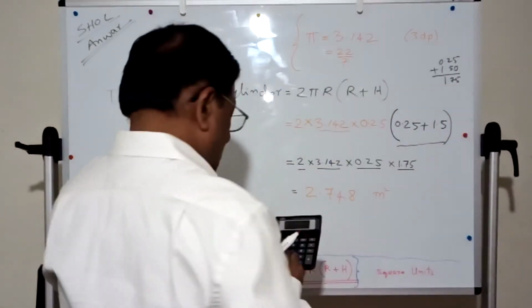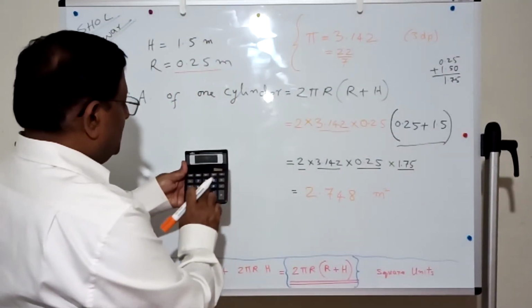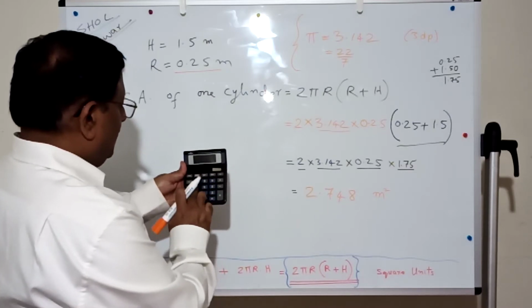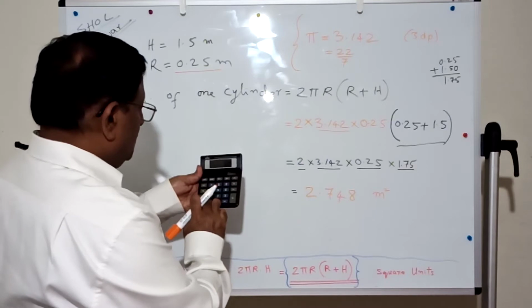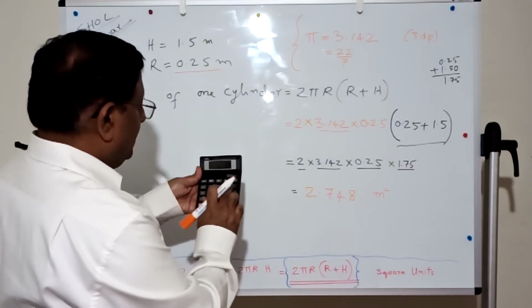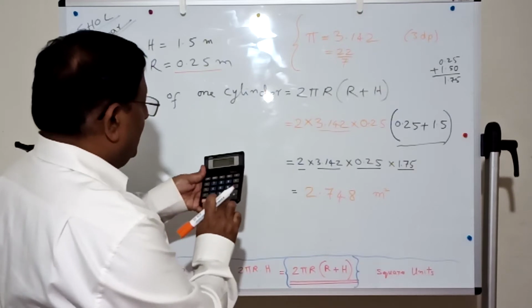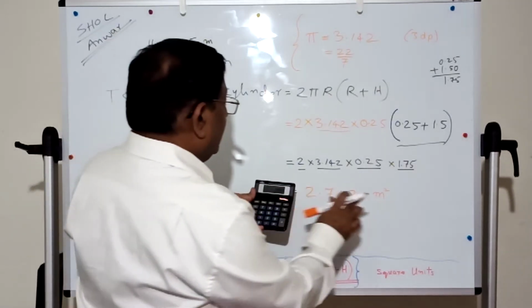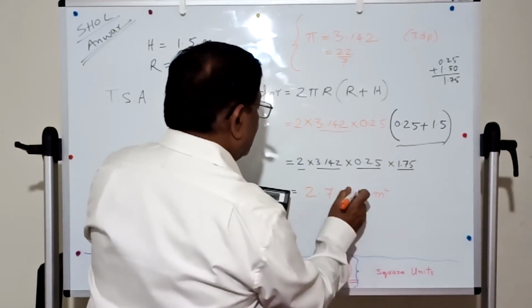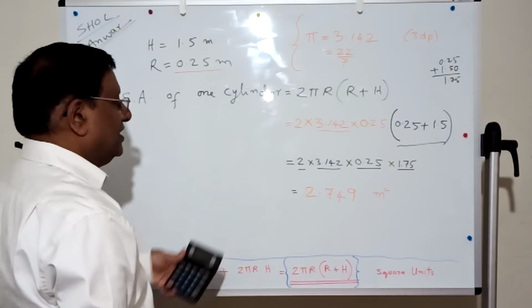So this is the calculator. 2 times 3.142 times 0.25 times 1.75 is equal to 2.749. I'll just round up. I take it as 2.749 square meters.